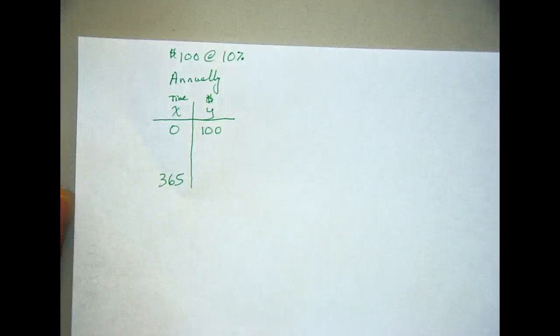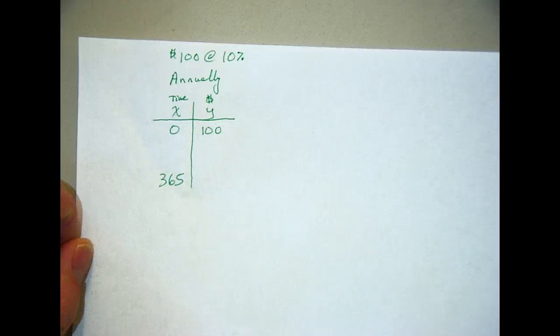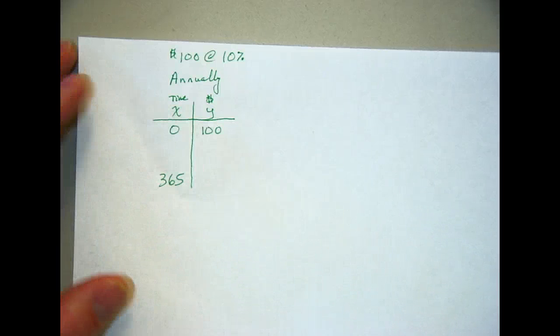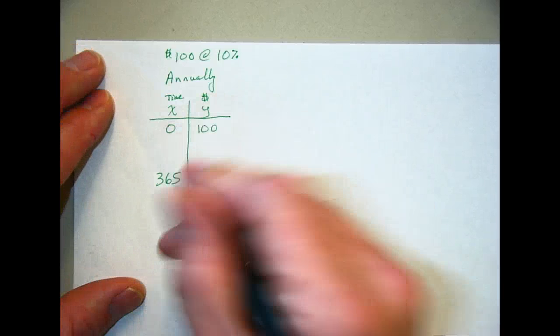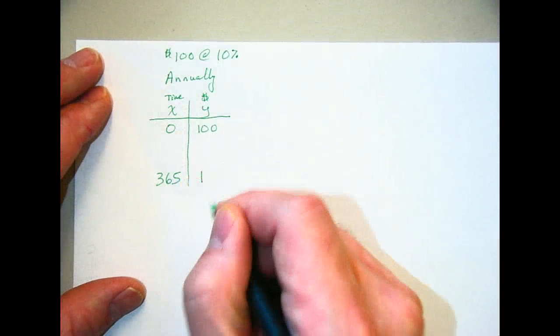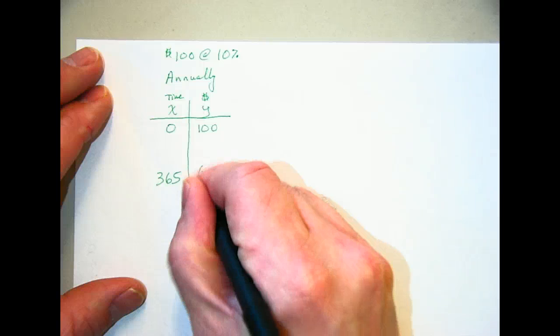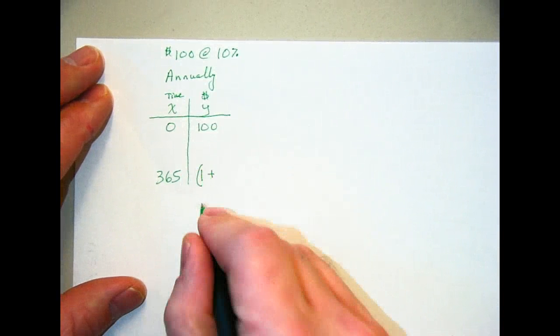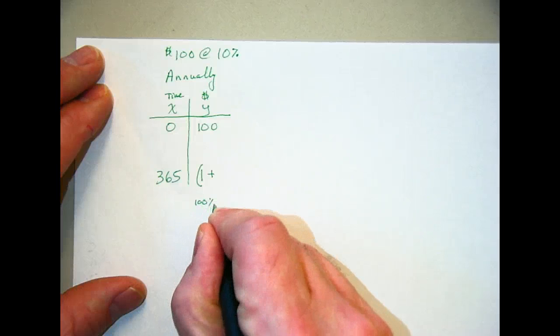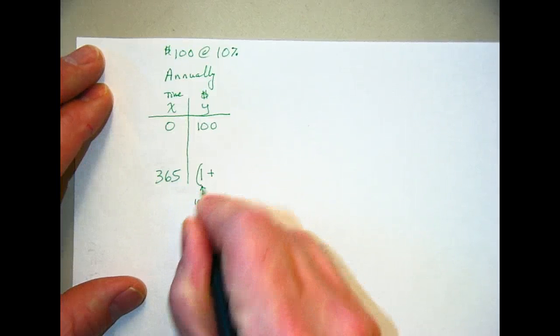Until the 365-day mark, it stays the same. You have $100 in there until the 365th day. At that point, you will then have how much? 110. You get 100% of your investment plus, and 100% as a decimal is equal to 1 in decimal form.